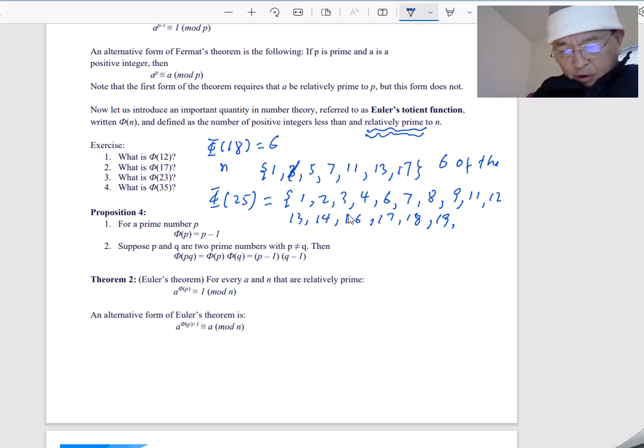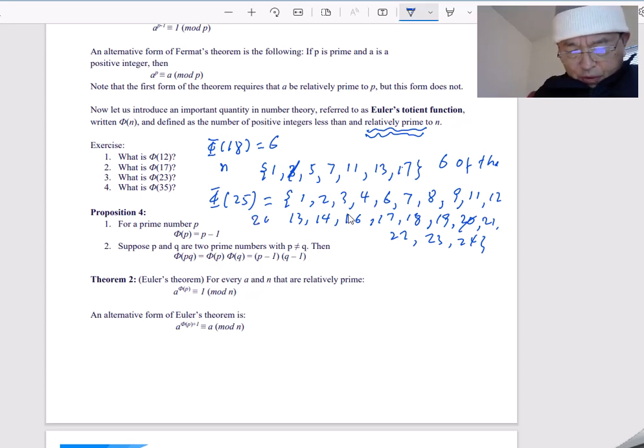Then 21, 22, 23, and 24. All these other numbers below 25 are relatively prime to 25. So how many of them? If you count them up, there are totally 20 numbers.